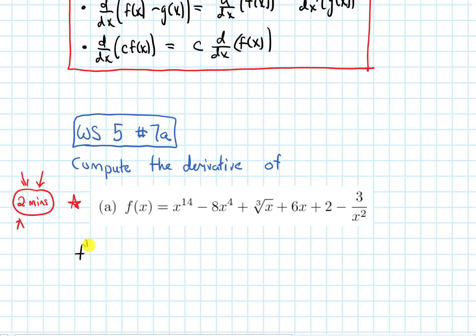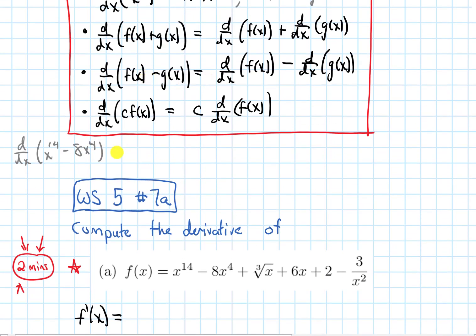What these rules above essentially say is that when we take the derivative of this whole function that has all of these terms, like x to the 14 minus something and then plus something, we can do the derivative piece by piece. The derivative of x to the 14 minus 8x to the 4 is just the derivative of x to the 14, and then minus the derivative of the next term, the 8x to the 4.